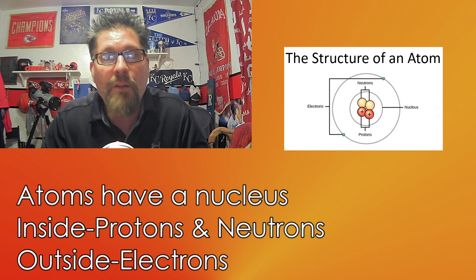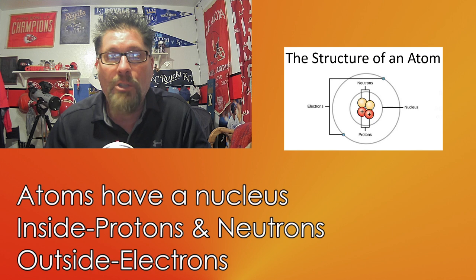But it's that splitting of that nucleus to release all that power that was the foundation for the atomic bomb. Lots of energy and power in there. But for us, we're talking about the nucleus, which holds the protons and neutrons, and we'll talk about those individually. And on the outside of that nucleus, in kind of a little cloud on the shells, the energy levels, which we'll also talk about, are the electrons.